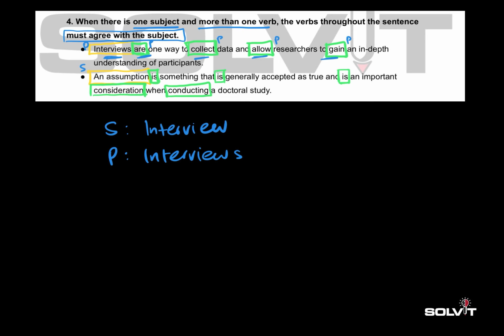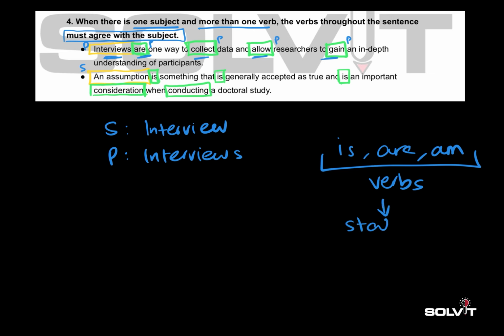I hope all of you know that the words is and am are all verbs. I discussed that in the first video, but in case some of you didn't know, these words are considered verbs because they represent states of being.